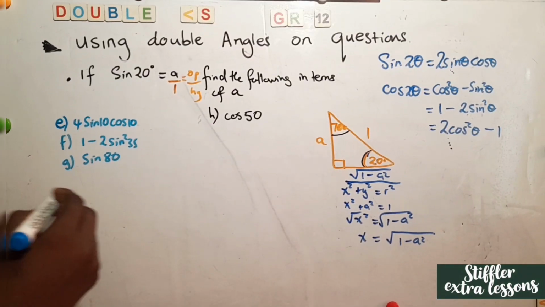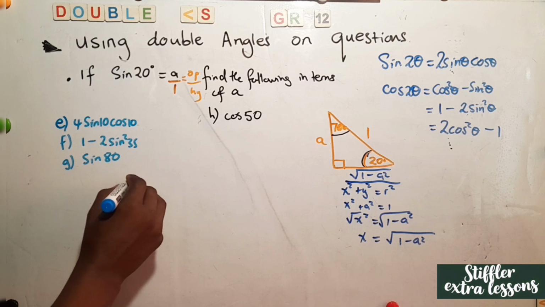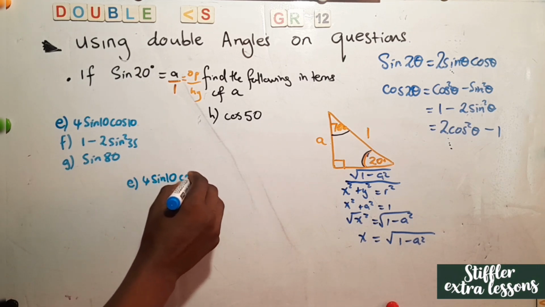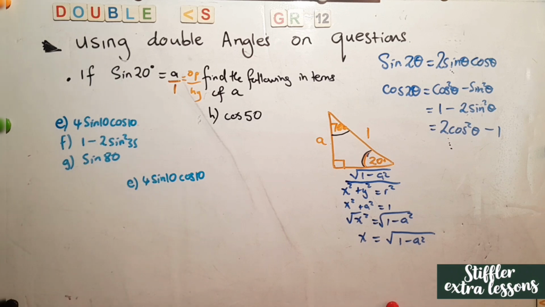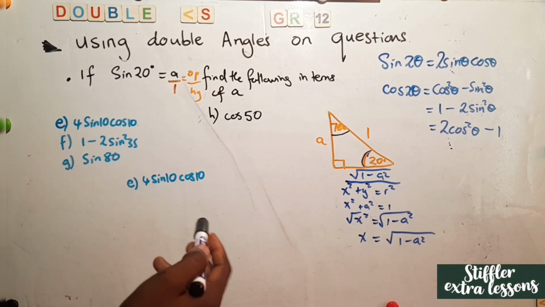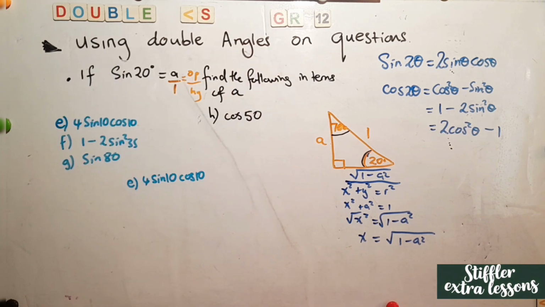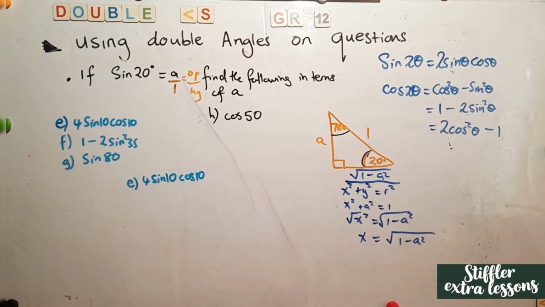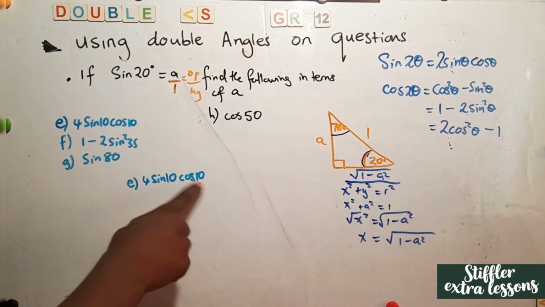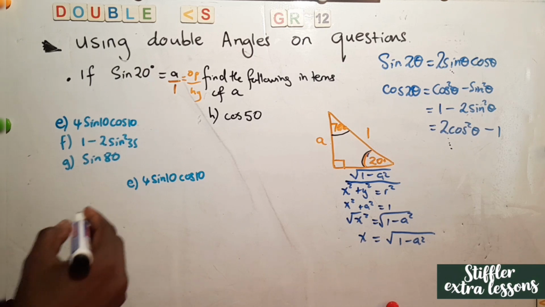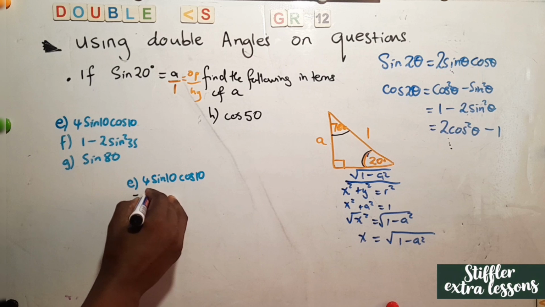So on number E, we are having 4 sine 10 cos 10. So how can we deal with this one? We can see that this is having sine cos, right? So it must be a sine double angle, but now we are having 4. So how do we deal with this one now? And 10 plus 10 gives us 20, so this should be a double angle of sine. So now we can factor out the 2.